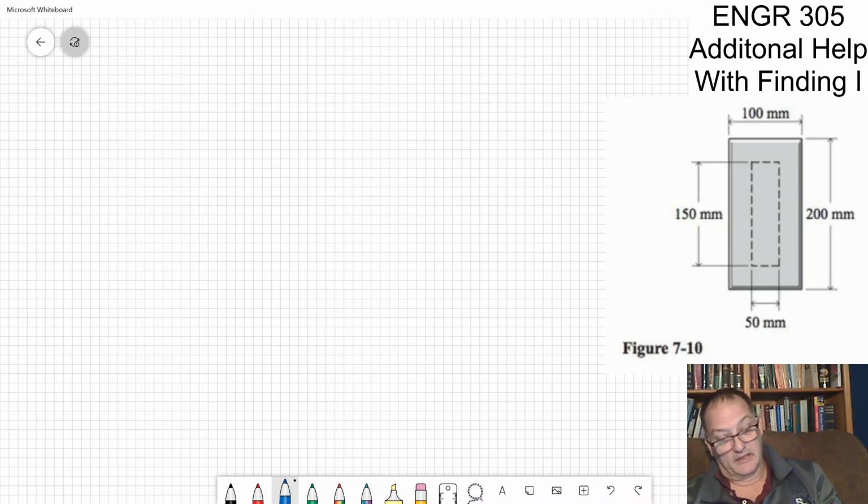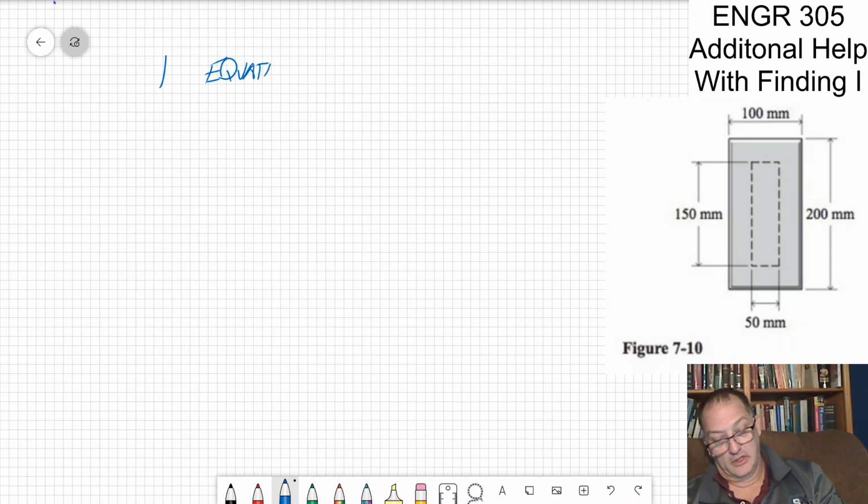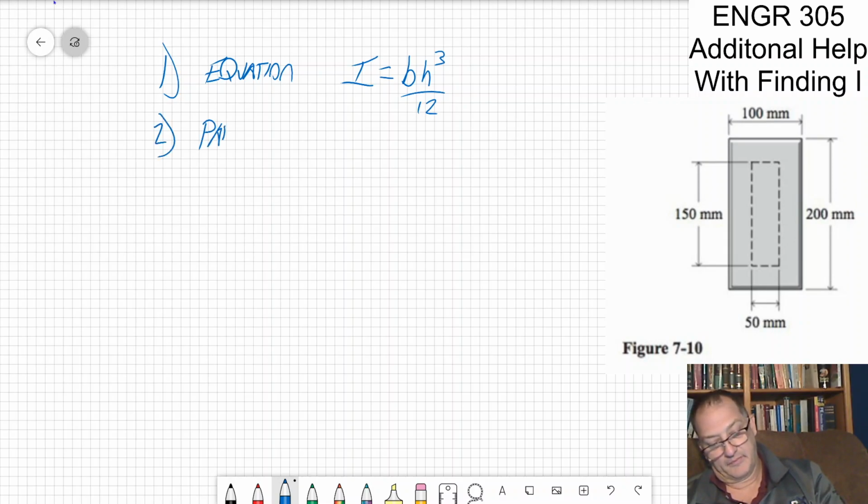So the things we're going to cover: the first thing is just the equation, which is I is equal to base times height cubed over 12. The second thing we've got to cover is the parallel axis theorem, and that is you're going to add plus the area times d squared.